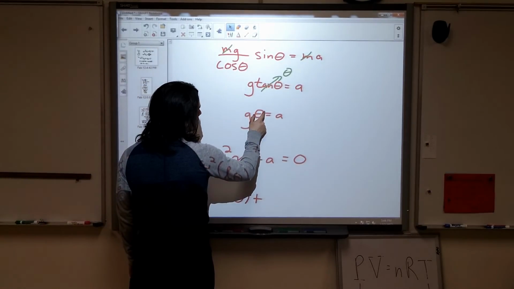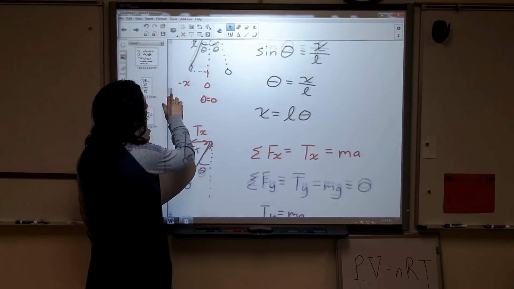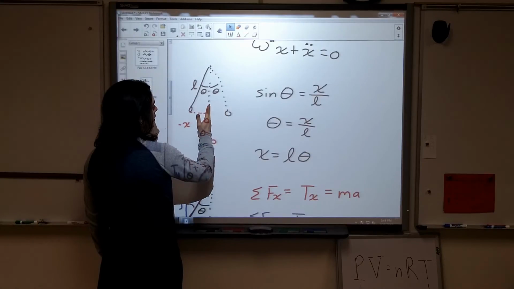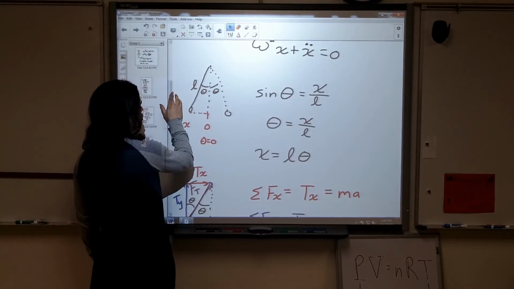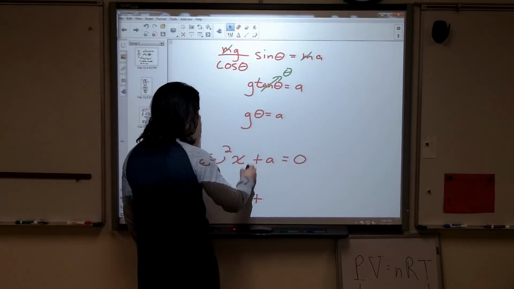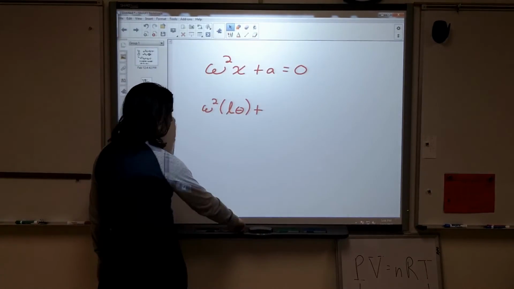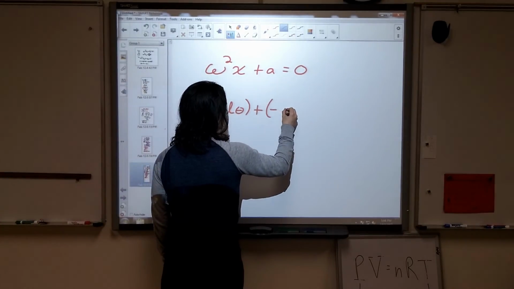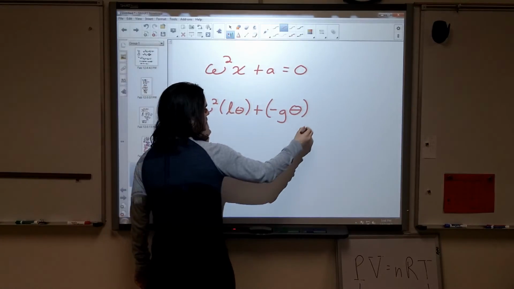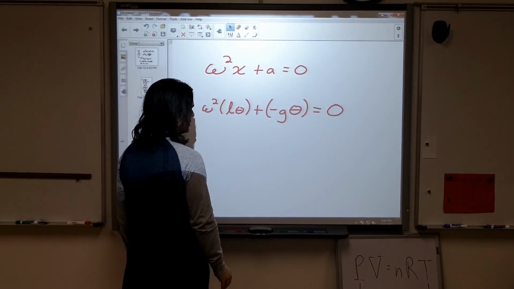If theta is positive, in other words, if we are over here, positive theta, the acceleration is negative. And if theta is negative, the acceleration is positive. One thing that we actually need for our acceleration is a negative sign. All right. Negative g theta. This is the acceleration. This is my position function. And for a simple harmonic oscillator, these should come up to 0.